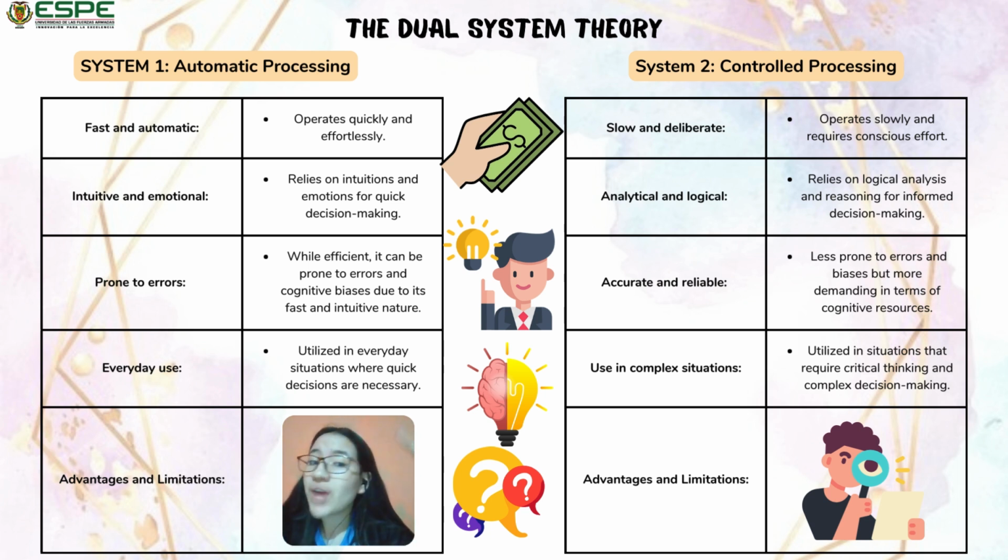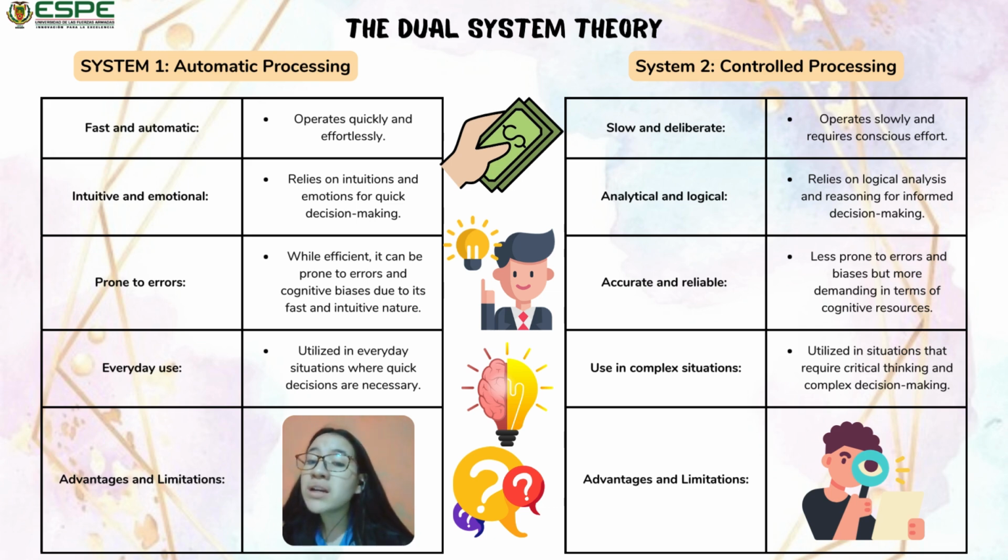And more accurate, that is less likely to make mistakes, but it takes more effort. And finally, for complex problems, that is used when we need to solve difficult problems or make big decisions. An example about this is when we make a decision when we are buying something expensive.